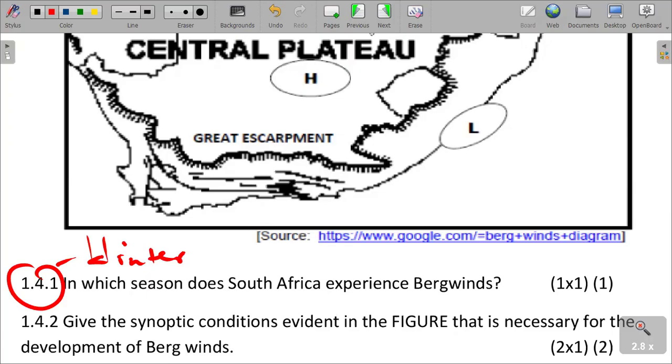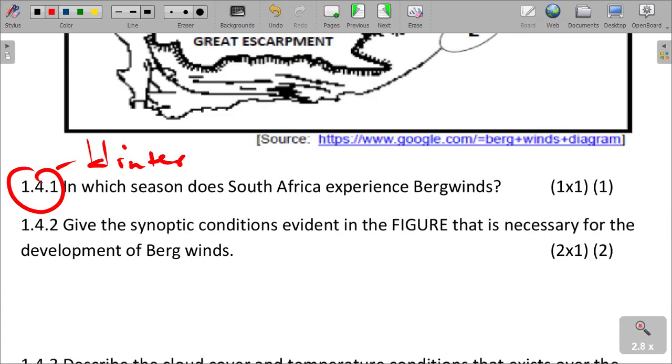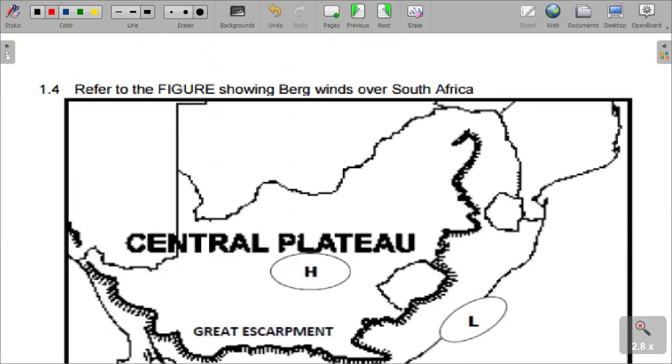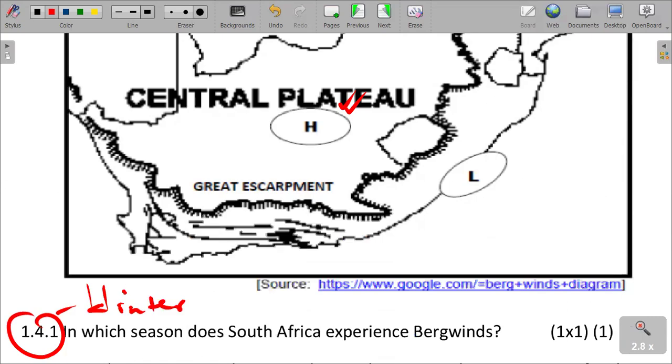I have explained quite a lot of times the development of berg winds. Give the synoptic conditions evident in the figure that are necessary for the development of berg winds. What is necessary is that we can see the continental or Kalahari high pressure, which is found internally within the country.